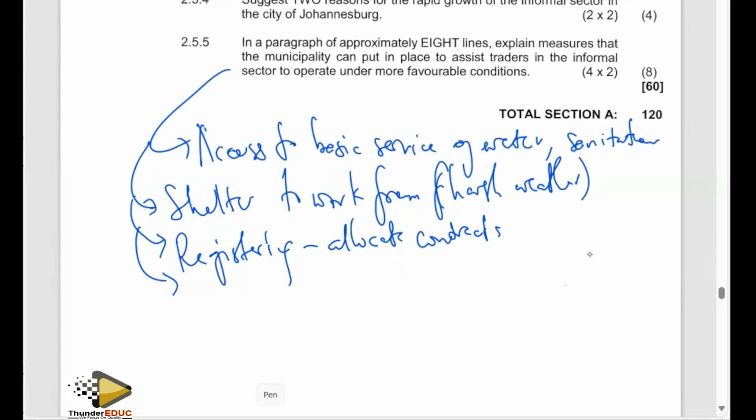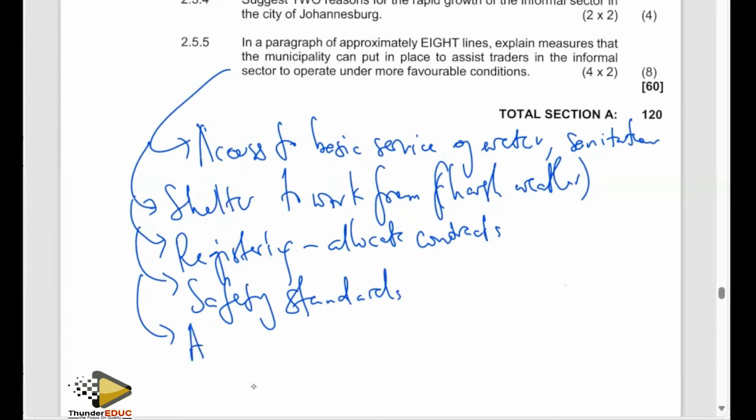And also we can talk of promoting safety standards for them. They are exposed to risky conditions in their work. If the municipality can also enforce safety standards for them and also advise them on funding.